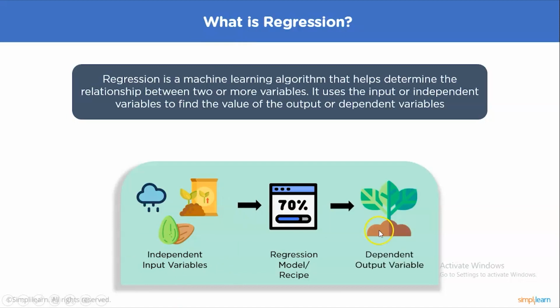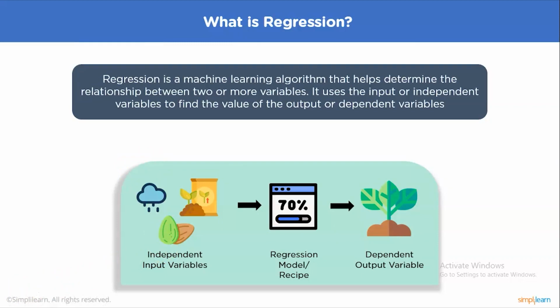The output predicted is that a crop will germinate when all three of these components are put together in certain quantities. So with the help of regression, given raw input data, we can find out the dependent output variable that we'll get when all of these input variables are more or less combined.